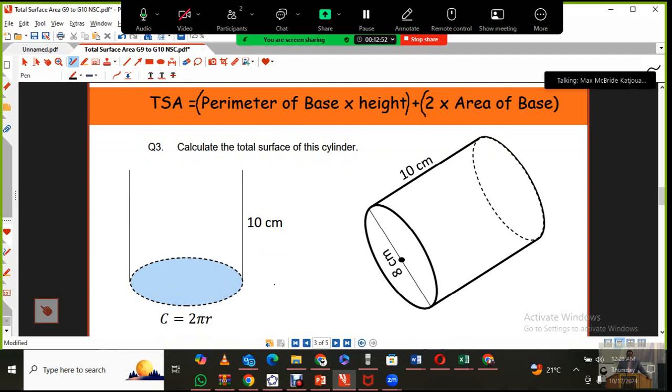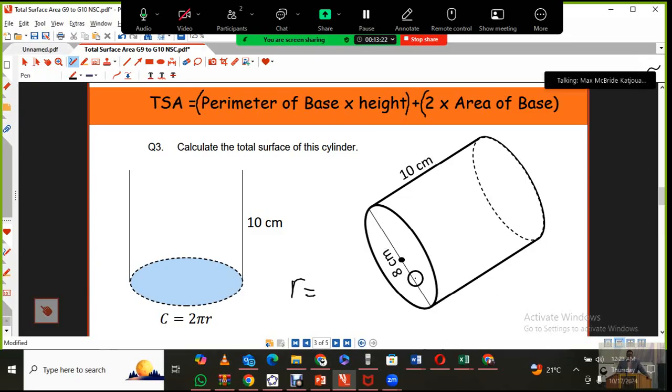First things first, we're going to calculate the radius. If this is 8 centimeters, what does this 8 centimeters refer to? If it goes across, what do you call a line that passes through the center and touches at both ends of the circumference? It starts with a D. Diameter.